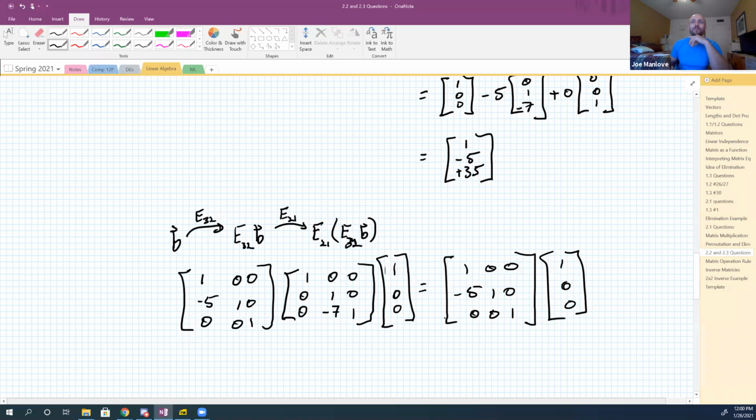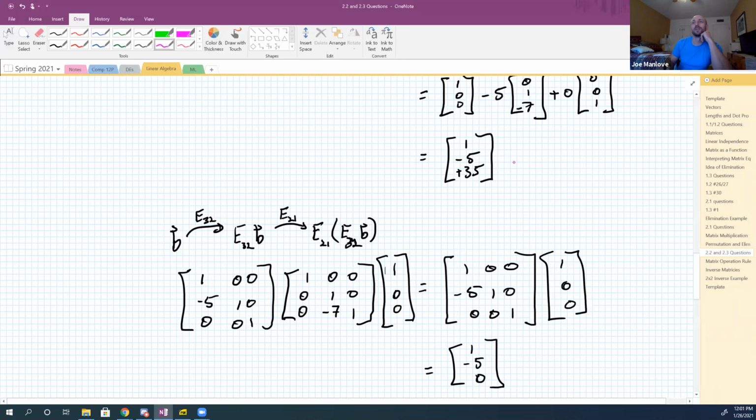And now if I apply the E21 function to the vector 1, 0, 0, I get the vector 1, negative 5, 0. I did that one before, so I'm just reusing a calculation.